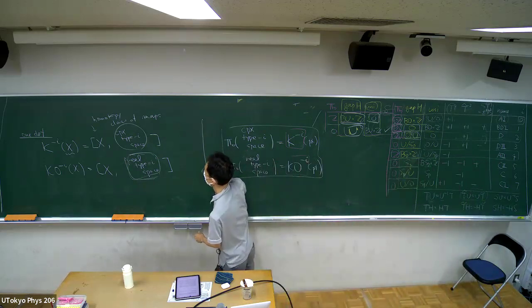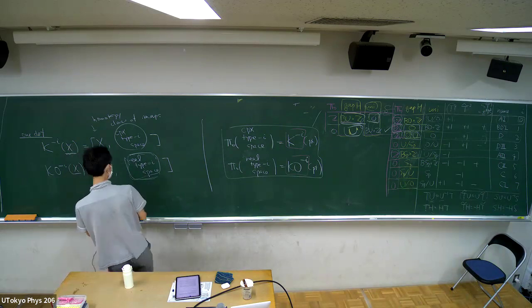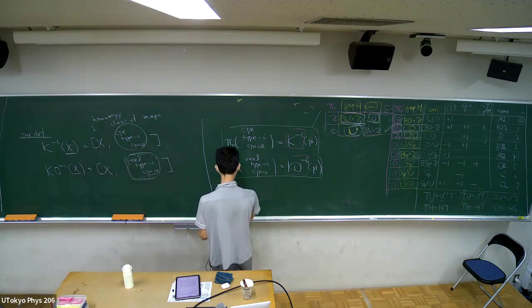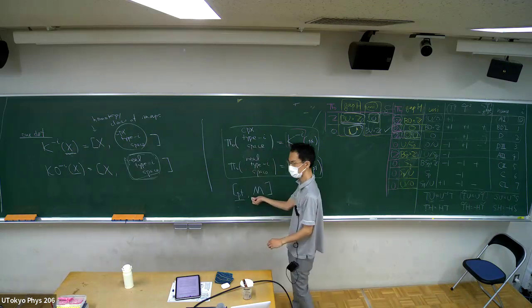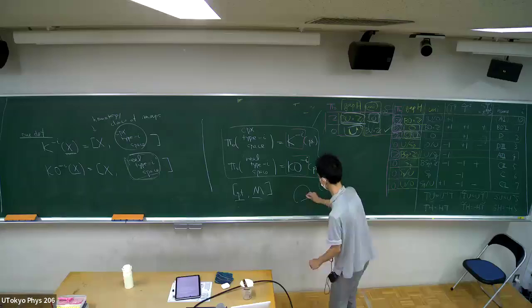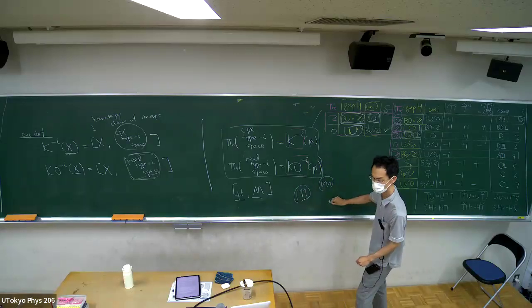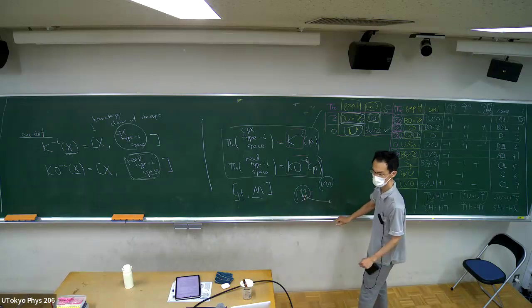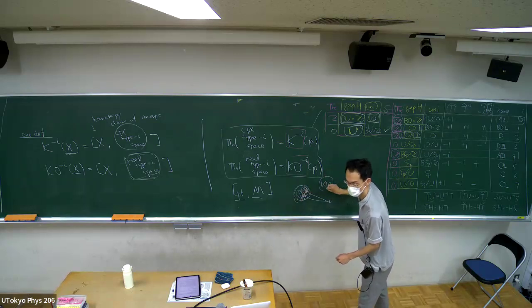So here I gave the definition of K-theory for arbitrary X. And in general, the homotopy class of maps from a point to M is just the connected components, right? Because if you have a single point and consider a map, continuous change of this map just picks up a connected component.